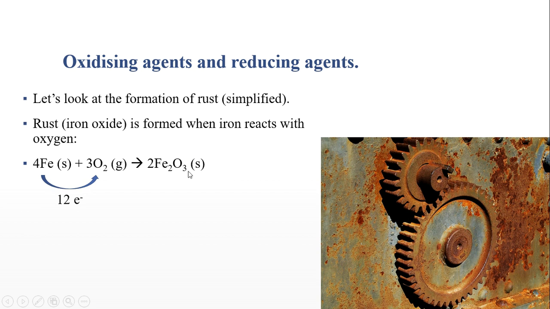We have 3 of them, so 2 times 3 is -6. Then each of the irons must have a +3 charge here. So we need a total of 4 iron here, and if each iron gives away 3, that corresponds to 12 electrons as well.